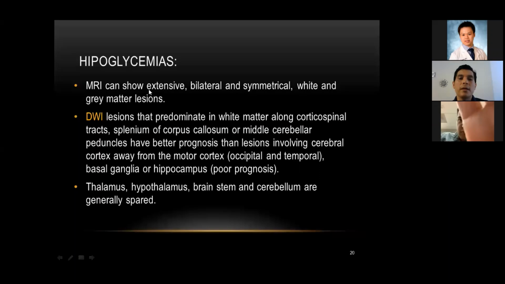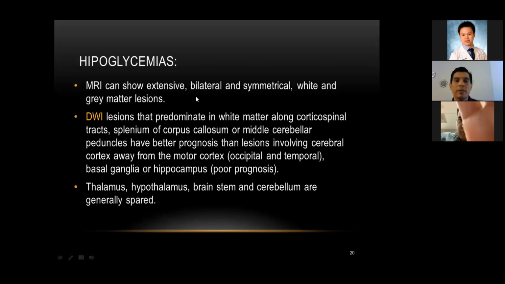it can be bilateral and symmetrical white and gray matter lesions, and it depends on the damage of the pathologies of the patient.